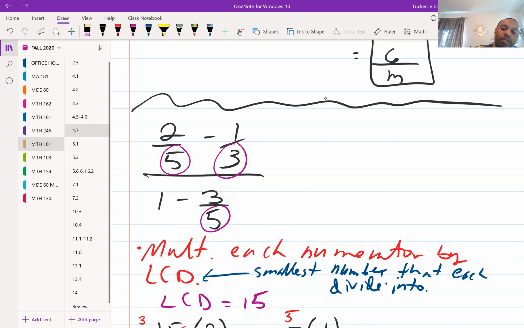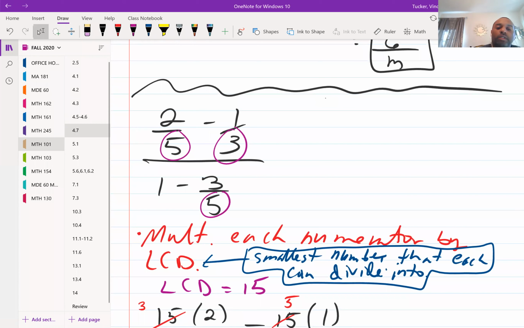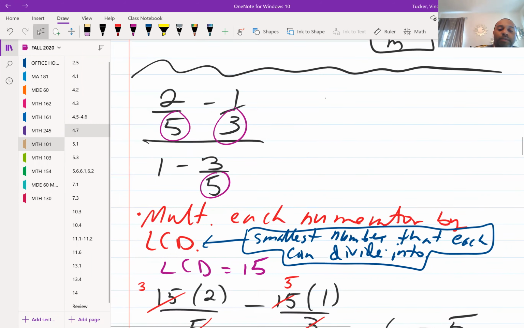So it's the smallest number that each can divide into, not what can divide into them. All right. So that's 15, and we're going to multiply each numerator by that 15.